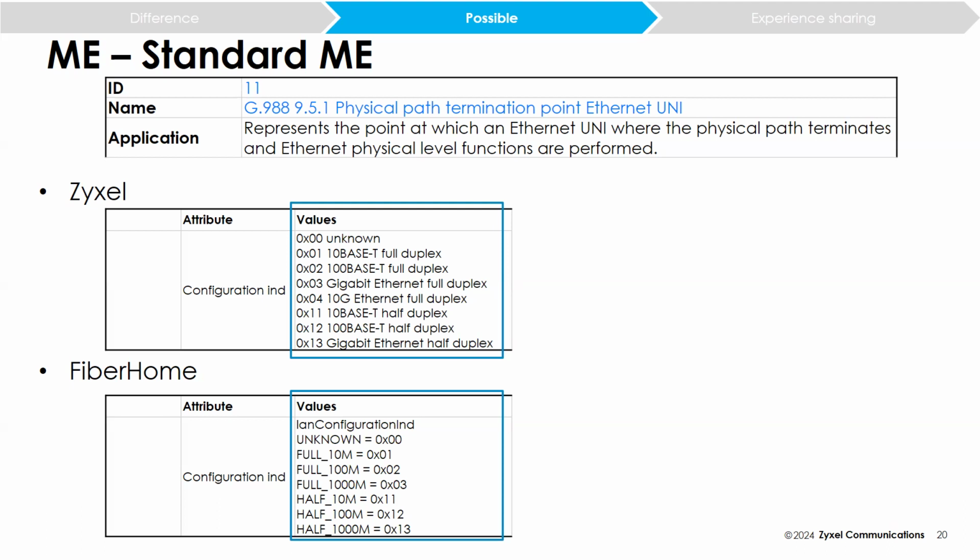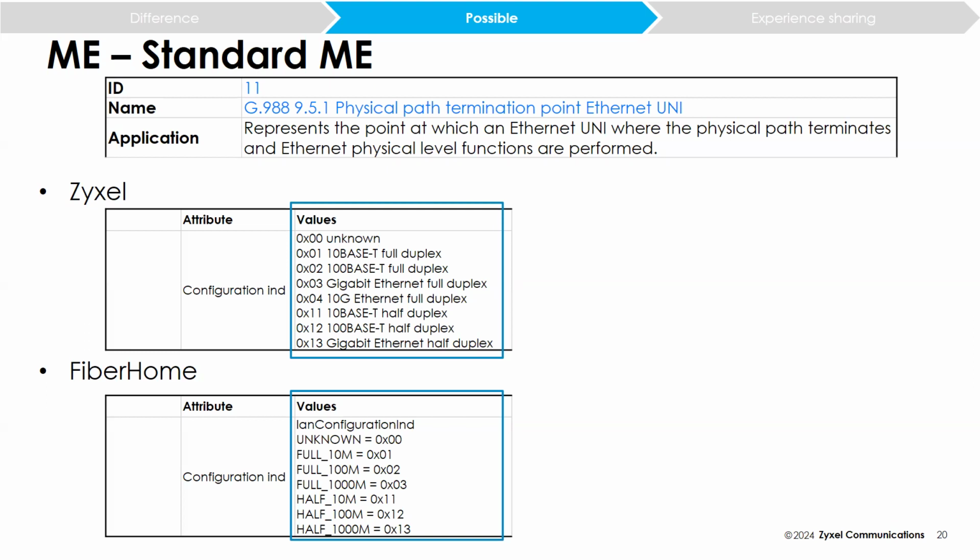The usage of this NE is to define the physical path termination point Ethernet UNI. We can use this NE to represent a point at which an Ethernet UNI where the physical path terminates and the Ethernet physical level functions are performed.